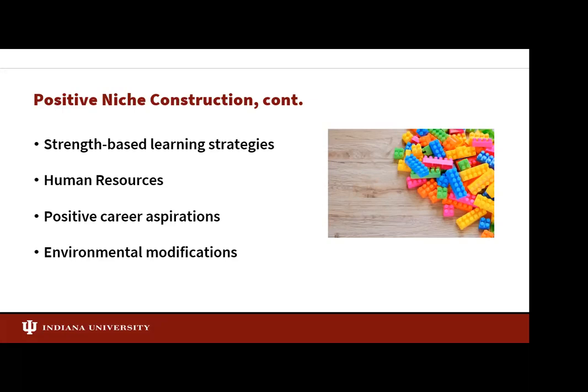Also, a career counselor or a career coach can apply these techniques to help neurodivergent people find jobs, using positive career aspiration and strength awareness to help them find jobs that fit them and that are right for them.